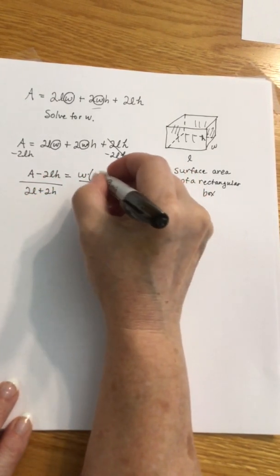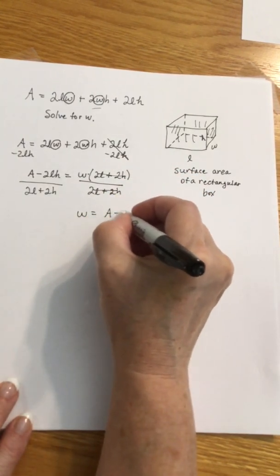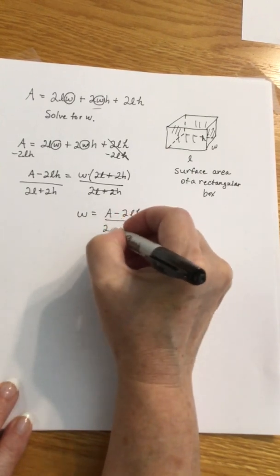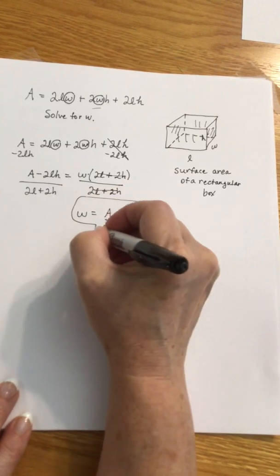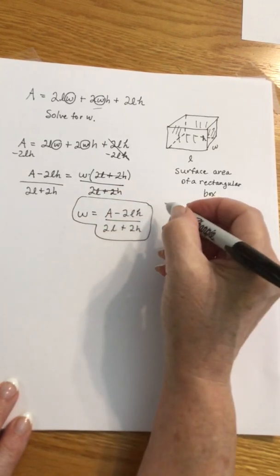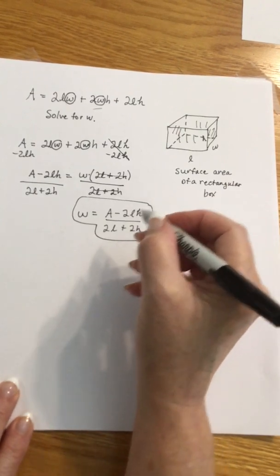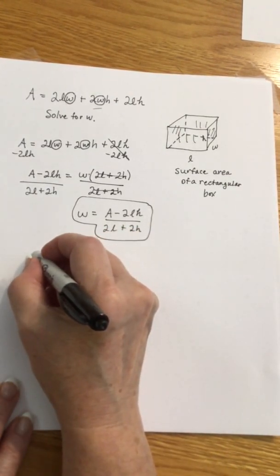So these two cancel out. So I have W equals A minus 2LH divided by 2L plus 2H. So here is the solving for W. So the next thing we're going to look at is solving a quadratic equation.